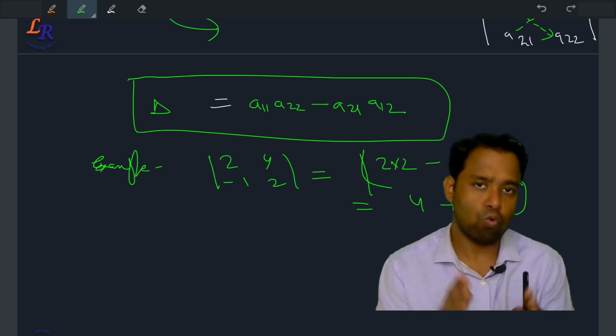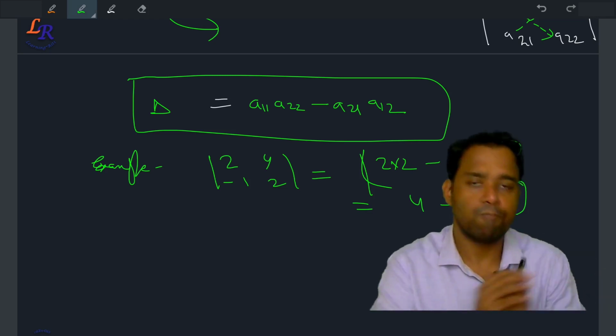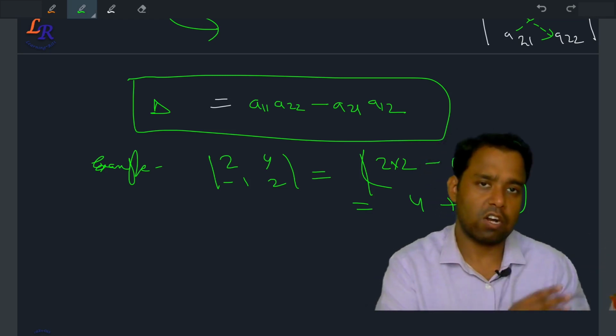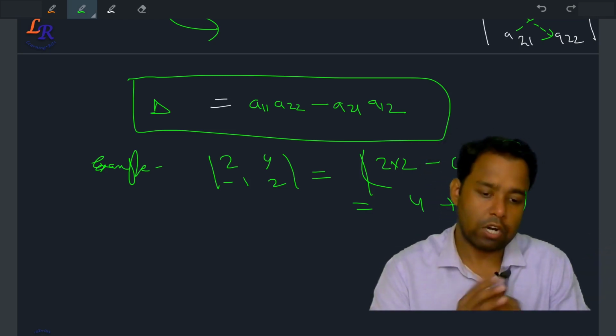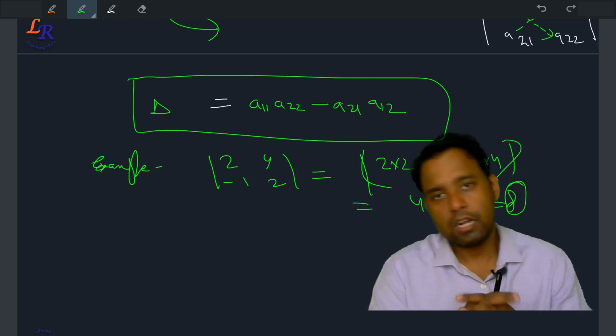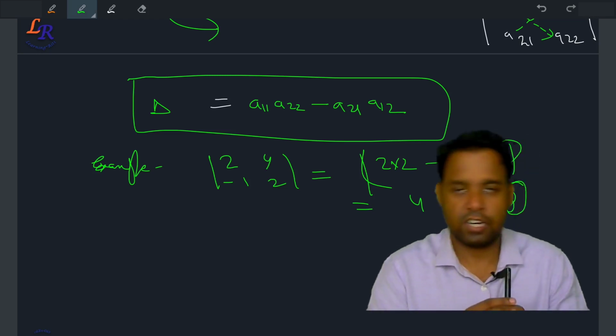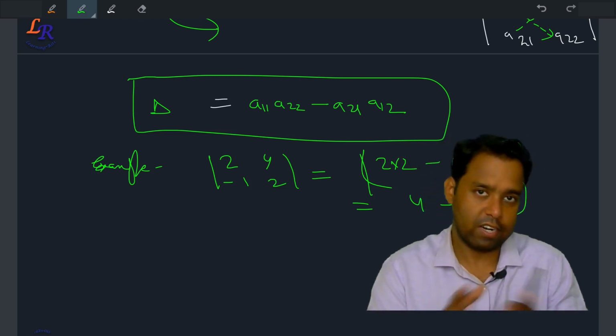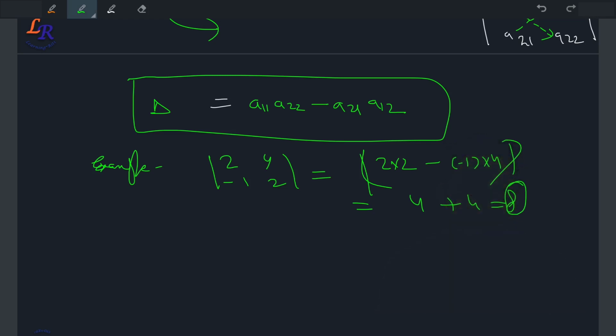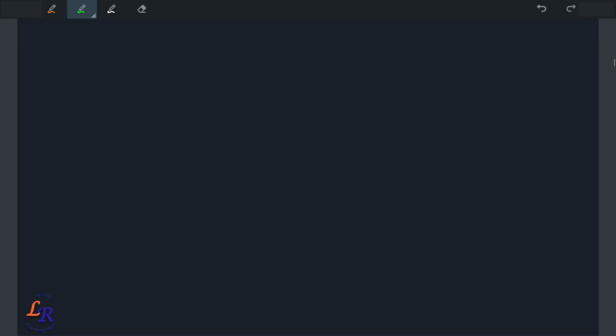Now we have some ground rules for how to expand a determinant of order 3 or higher towards the second order or lower order, for finding the value, the number associated with that determinant. To see how to find it and what method we should follow for that: the determinant of a matrix of order 3 cross 3.